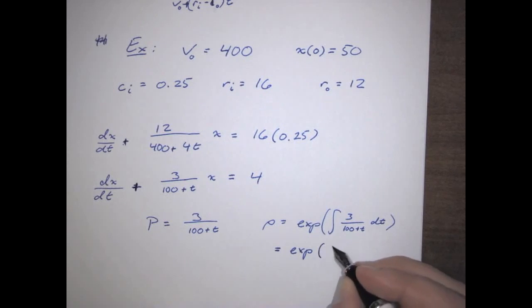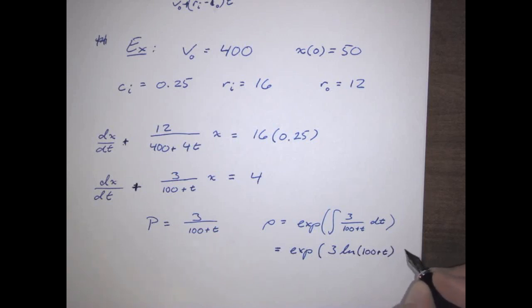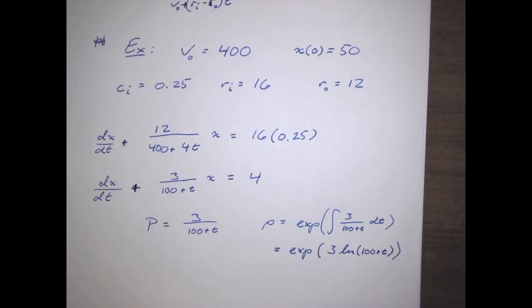It's going to be 3 times the ln of 100 plus t. And I'm not going to worry about the absolute values right now, because we are talking about time really only marching forward, not backward. So t positive means no absolute value.